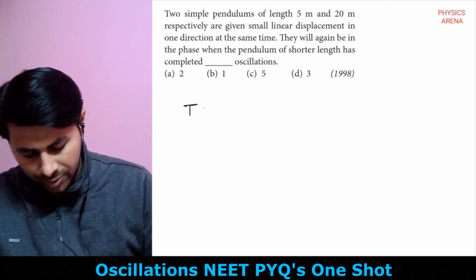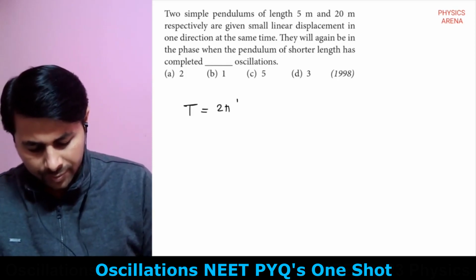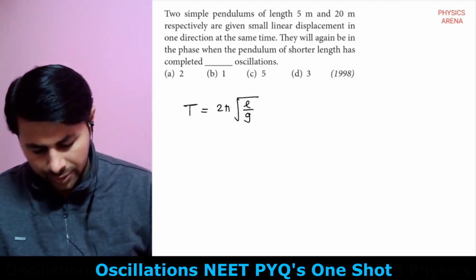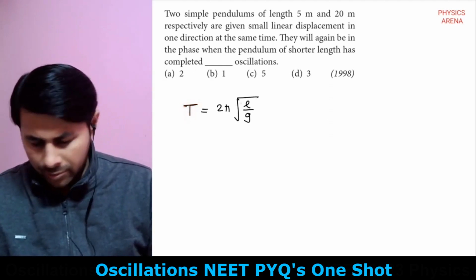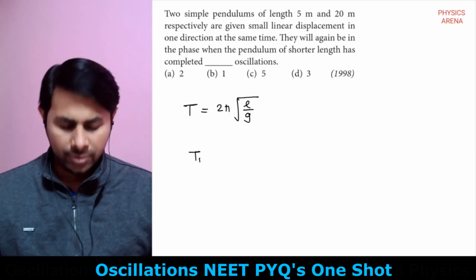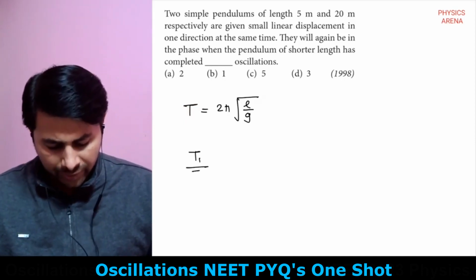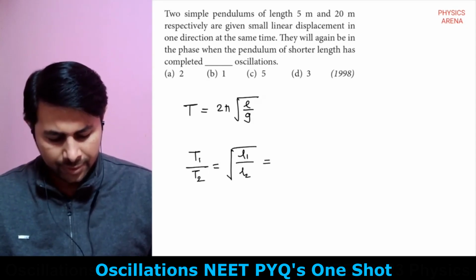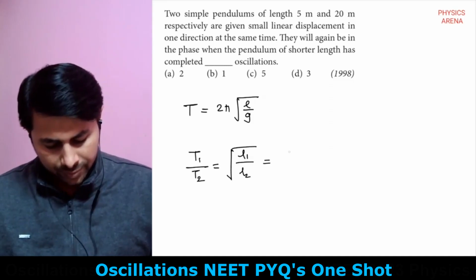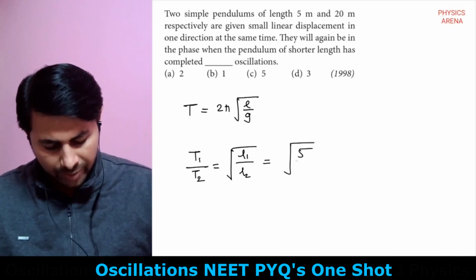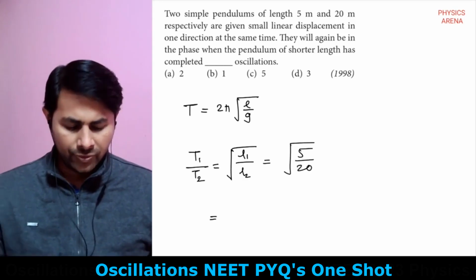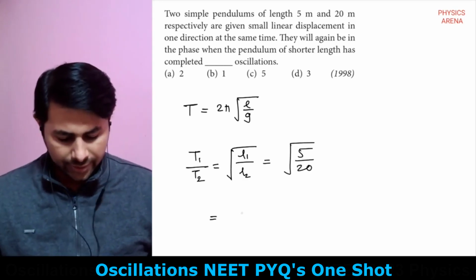T equals 2 pi root of L by g, so T is directly proportional to root of L. So T1 by T2 equals root of L1 by L2, which is root of 5 by 20, or 1 by 4, that's 1 by 2.